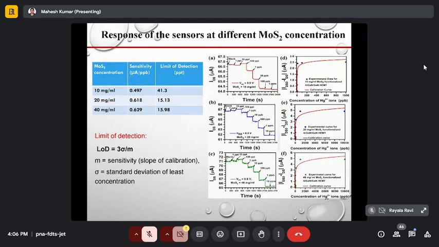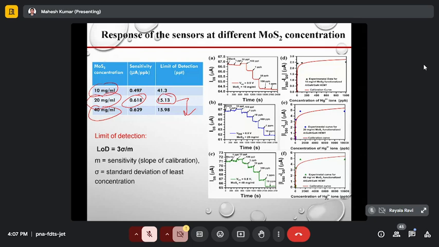Another question is how much quantity of MOS2 we have to load on the gate. We have optimized it, taking around 10 mg per ml, 20 mg per ml, 40 mg, and we found that the maximum sensitivity and best limit of detection are at 20 mg.